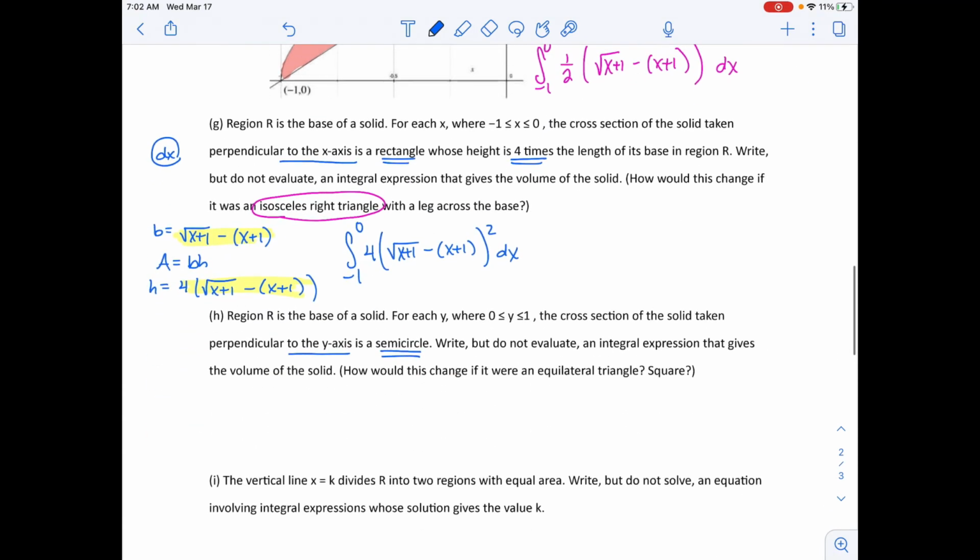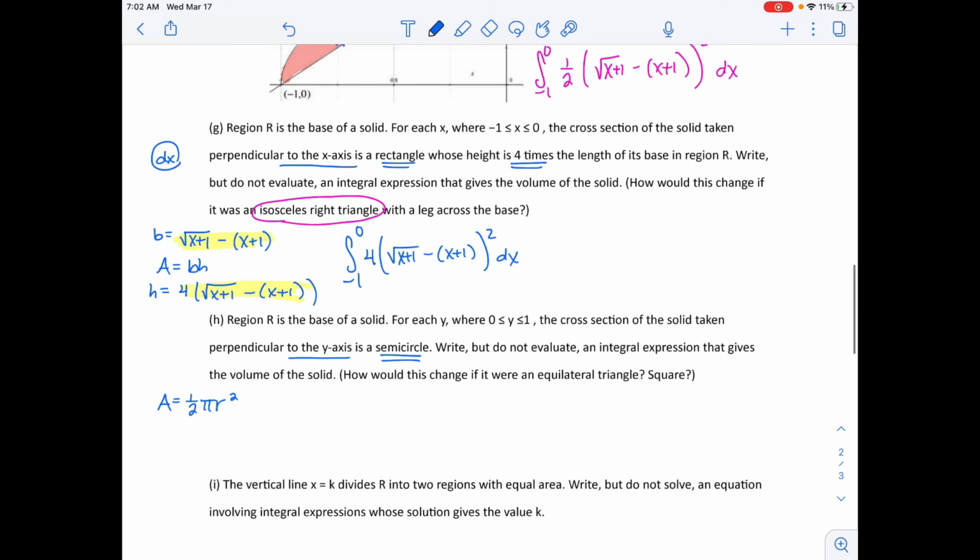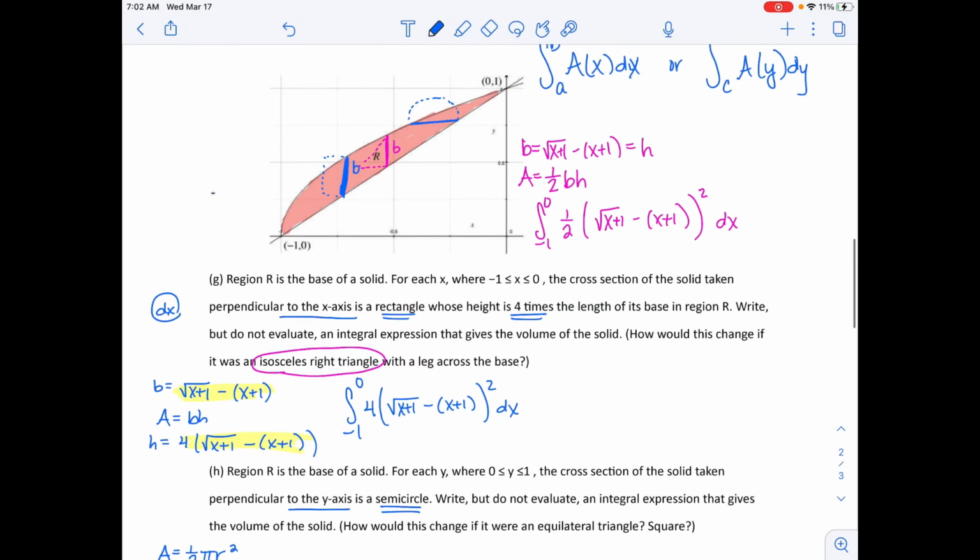So the area of a semicircle is 1/2 pi r squared, half of a circle, and r is going to be halfway between the two curves. And since we're perpendicular to y here, we need everything in terms of y.